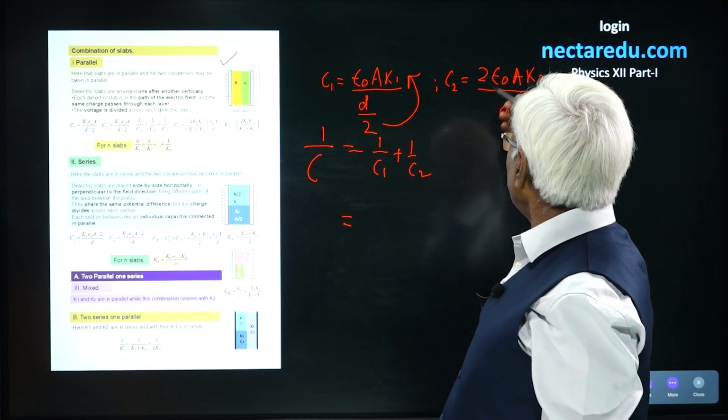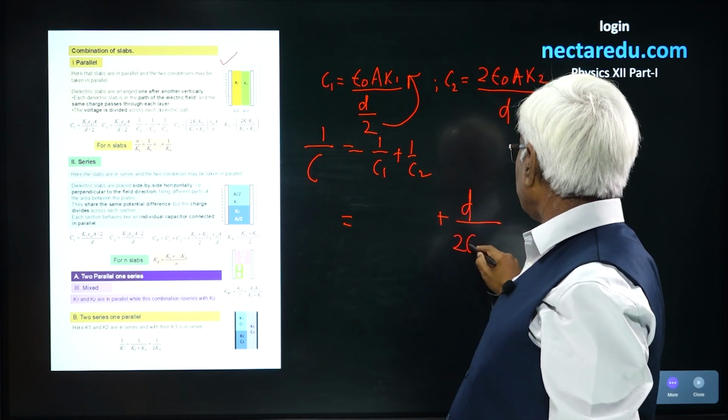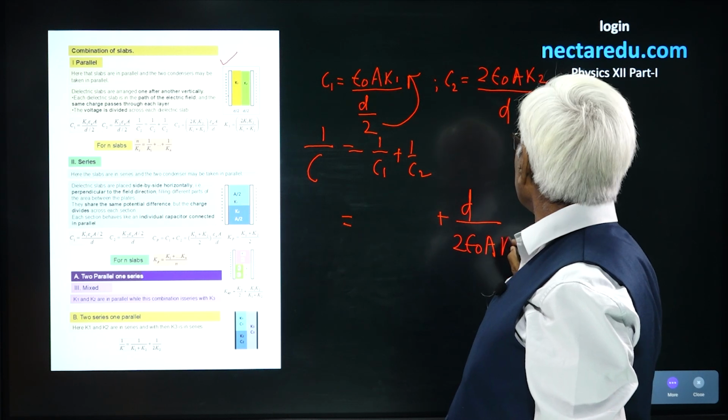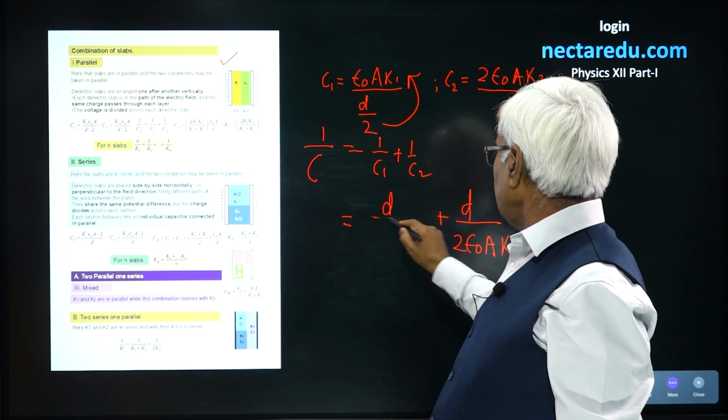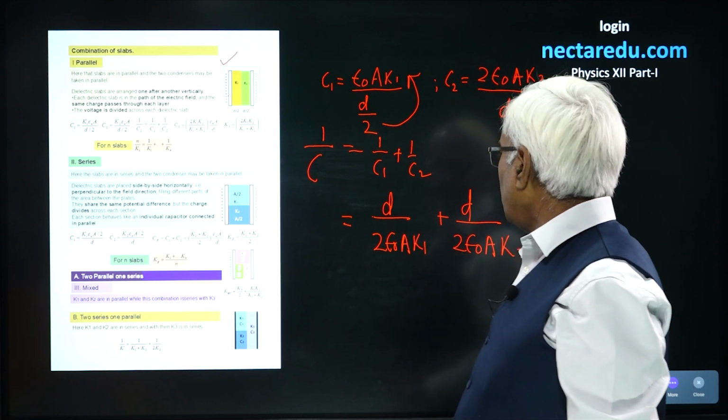You see, 1 upon C2 is D upon 2 epsilon naught A K2, likewise D upon 2 epsilon naught A K1.